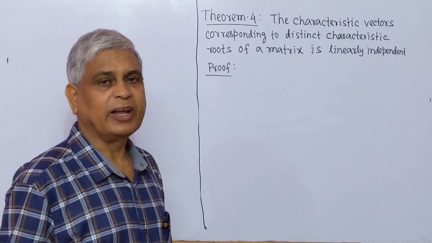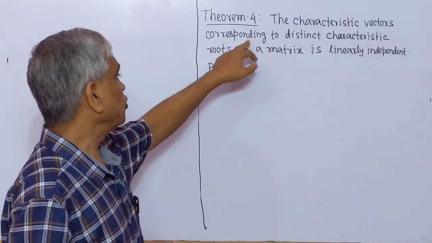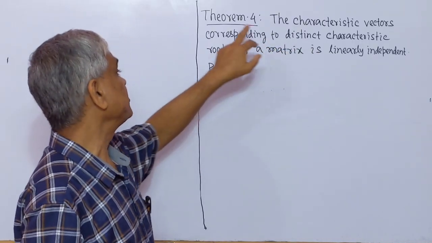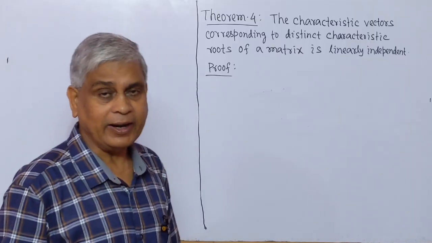Now we prove the next theorem. The next theorem is: the characteristic vectors corresponding to distinct characteristic roots of a matrix are linearly independent.